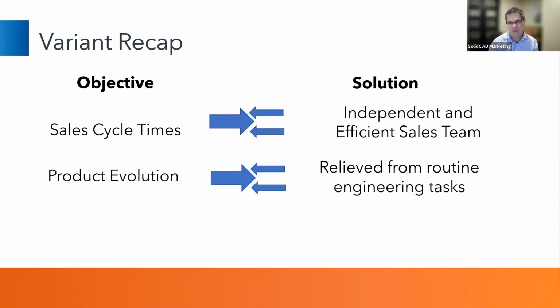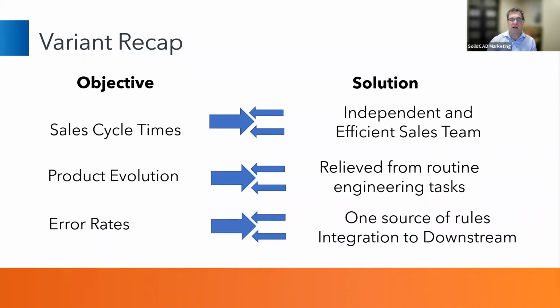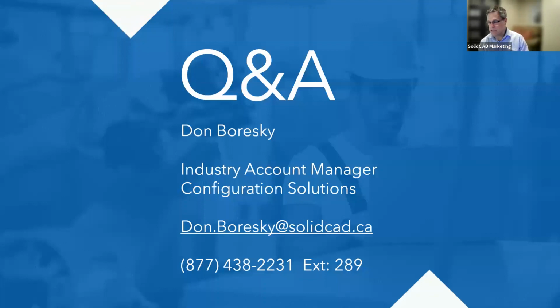But that's what we're trying to do, take away that friction and let organizations or departments do what they're best at, so that overall the organization can keep error rates down and maximize sales and organizational efficiencies. And that really wraps it up.